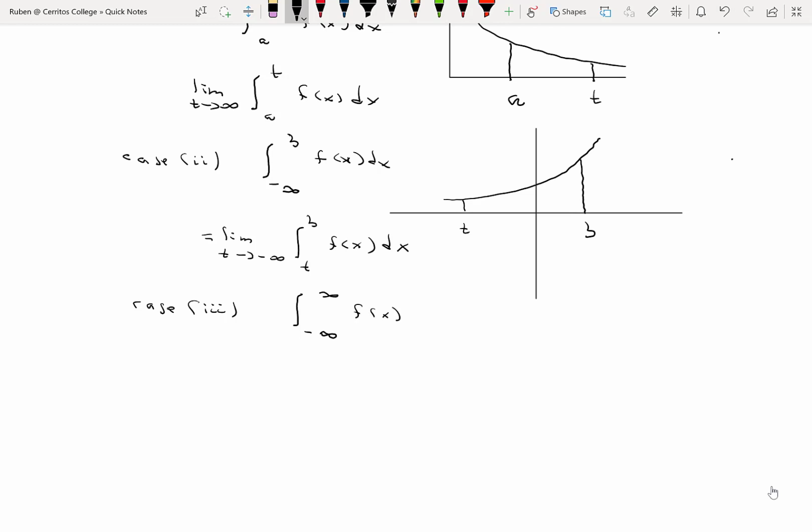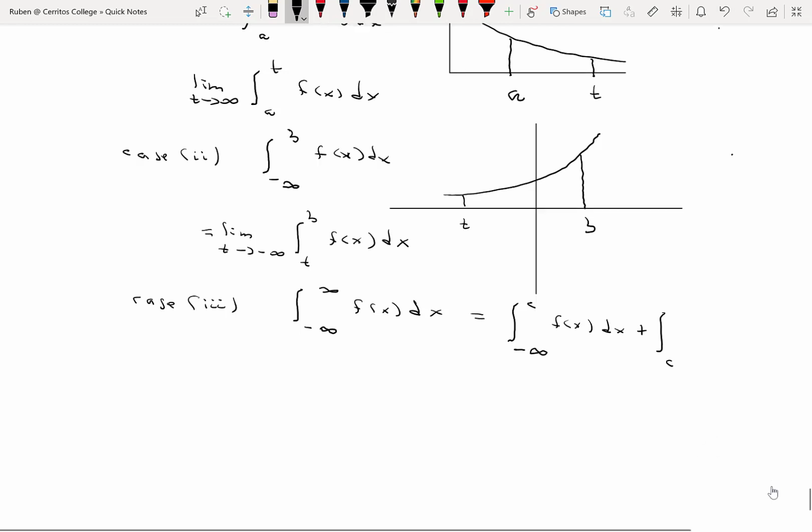So if we're looking at the integral from negative infinity to positive infinity of f of x with respect to x, the way we handle this, case III, is to turn it into two integrals, one of case I and one of case II. We break up the integral into the integral from negative infinity to any constant, very often the constant is 0, of the function, plus the integral from that same constant to infinity of f of x dx, and then evaluate these two integrals.